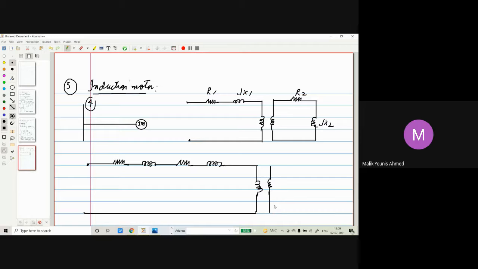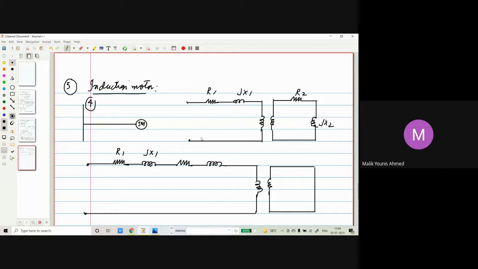Now this side, what I can do when I refer them, R2 will be here, JX2 will go on the other side. It will become a short circuit here. Once this is a short circuit, so what is going to happen here? This is, I'll write again, this is R1. As usual, we are going to refer it to primary side.